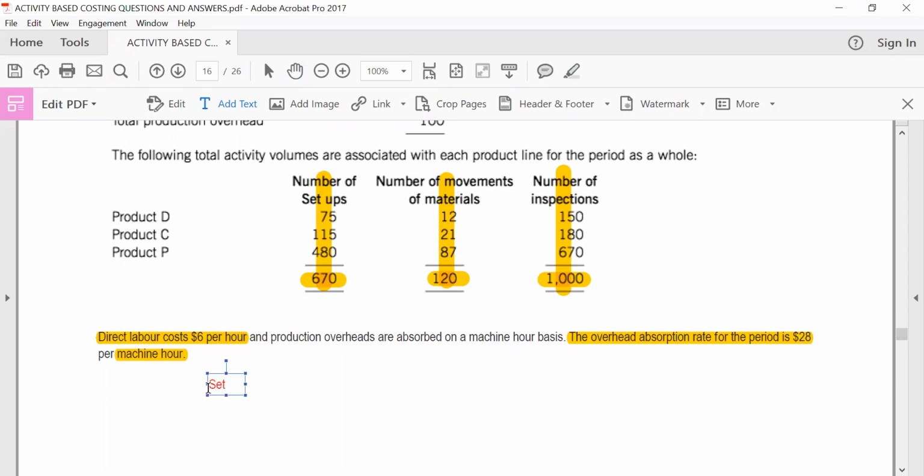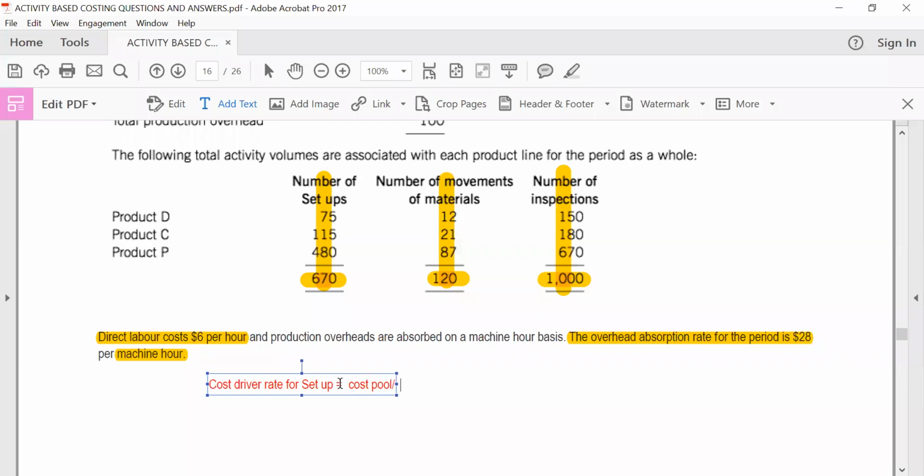So setup. You remember that the setup, you have already calculated it, so I'm not going to calculate it all. The cost driver rate for setup. I'm just starting afresh, right? Because I'll do one and I'll not do the rest.